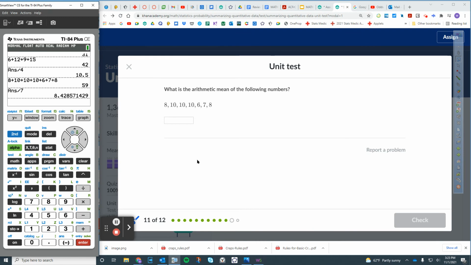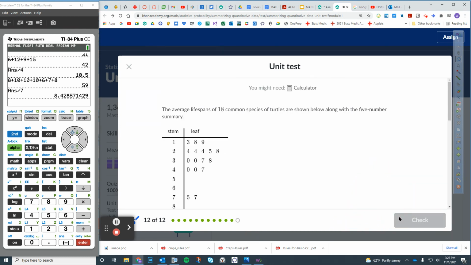Okay. Arithmetic mean. Did I get this right? 6, 7, 8. So perhaps if I do 59 divided by 7, let's see if it works. Okay, good job.